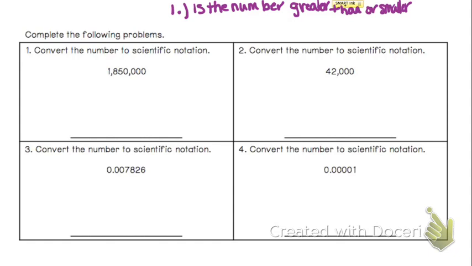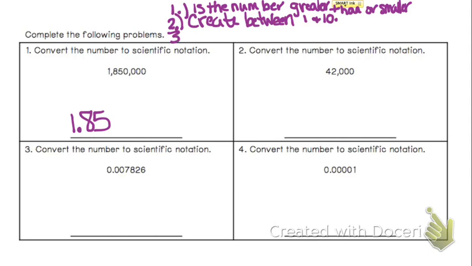My second thing I need to do is create a number between 1 and 10. Well, a number between 1 and 10 would be 1.85. That is a number between 1 and 10.